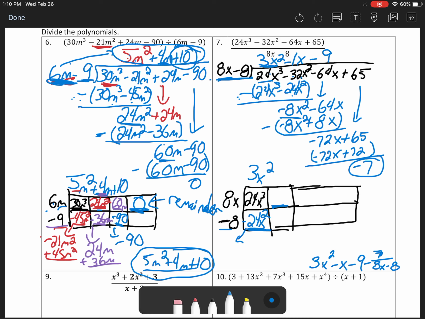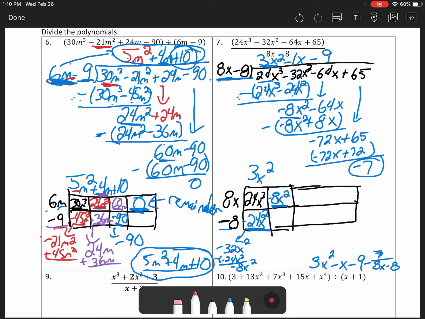So my x squared term is negative 32x squared. So to negative 32x squared, I'm going to subtract negative 24x squared. Okay, and what I end up with is negative 8x squared. So I know a negative 8x squared belongs here.